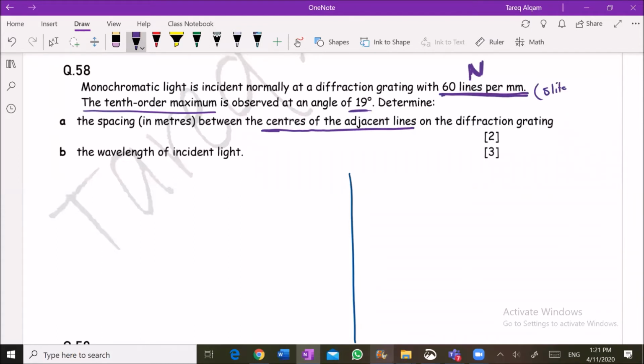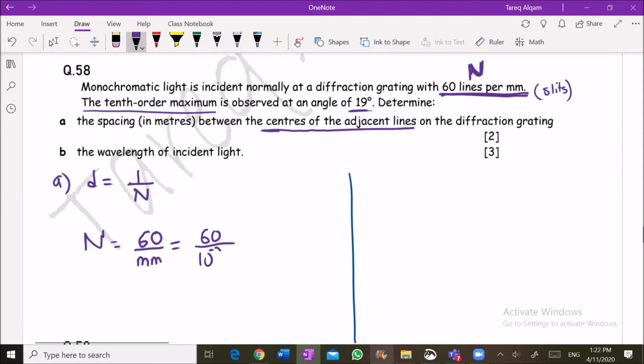Okay. We do d. Now to find d, d equals 1 over N, as we mentioned before. But here, guys, we have to pay attention. Please pay attention to this. It's important. We are given 60 lines or 60 slits per millimeter. Of course it should be per meter. So this becomes 60 over a millimeter, which is 10 to the power minus 3 meter.